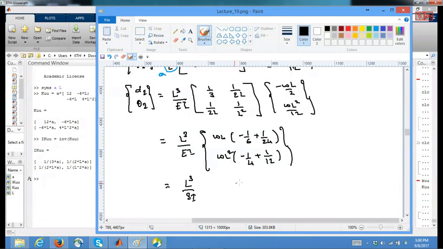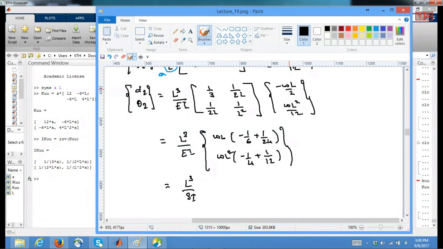Okay, I might have made a mistake, so let us just compare. This one is 3 into 6 minus 1 by 6. This one is L, L get cancelled. WL is already taken care of, 1 by 24.